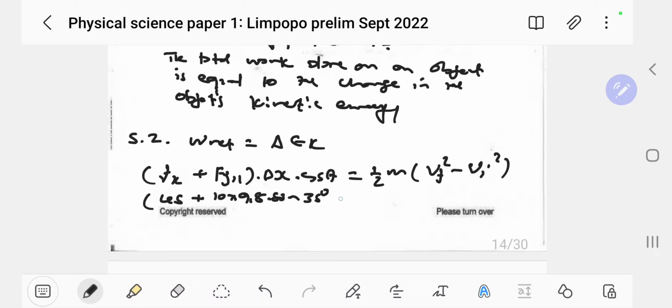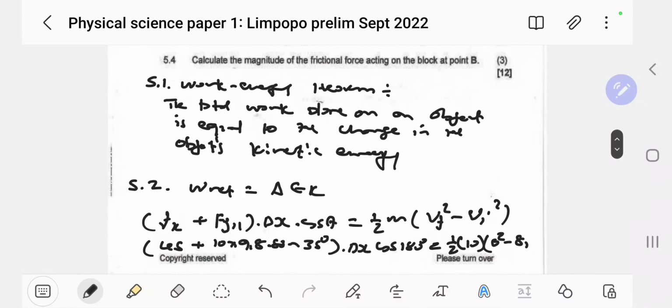That is the incline, okay? And then times delta x. Now remember these forces are opposing the direction of motion. Cos of 180 degrees is equal to half of 10 into the final is 0 squared minus the initial is 8,84. Okay, that one is squared.